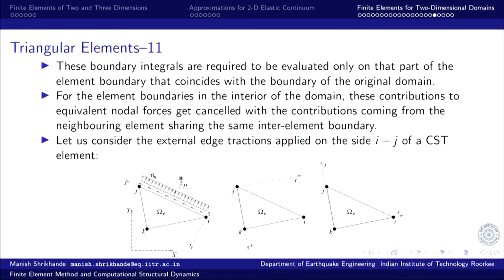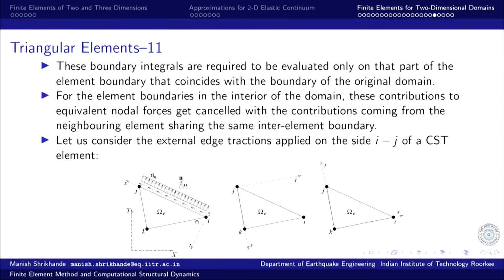So, now we focus only on the edge tractions, only on the boundary which coincides with the domain boundary, the original problem boundary. So, a 3-noded triangle, and this particular ij edge coincides with the boundary of the element, the boundary of the problem.